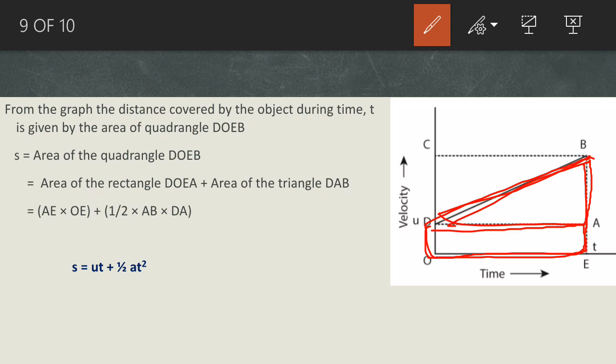The area of the rectangle is breadth into length, so it is AE into OE, plus half of the base into height, base here being DA and height AB, which will give us the total area under the line DB. So S is nothing but AE into OE plus half into AB into DA. AE is nothing but our initial velocity.